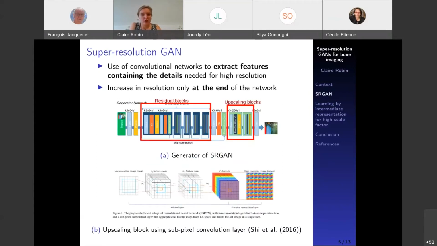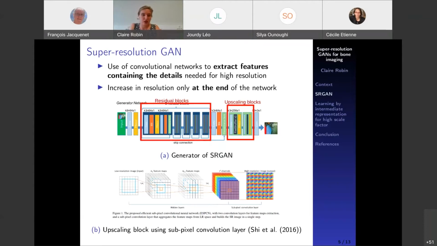The generator is composed of residual blocks. Inside there are convolutional blocks which learn feature maps. The feature maps are the weights of the convolutional layers, and it's what our model learns. So the residual blocks try to extract the most important features, which contain the high frequency details most useful for the high resolution image.